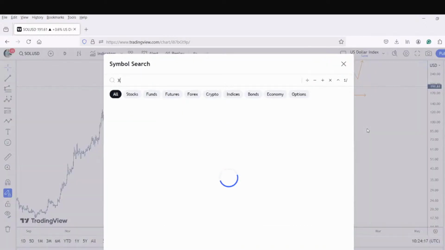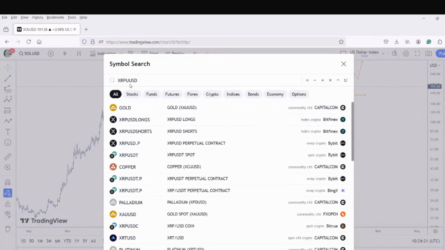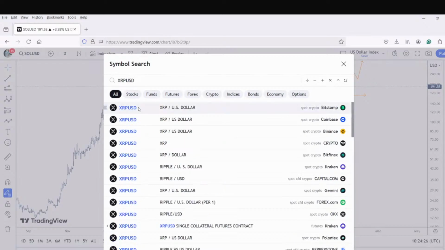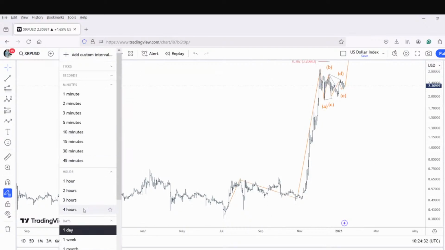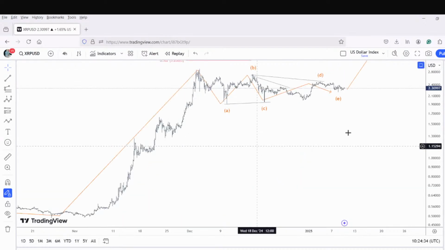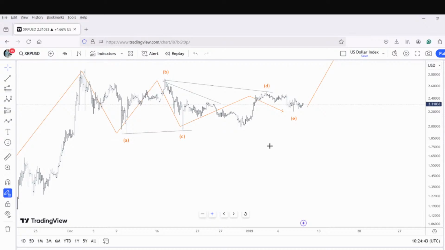And it'll be interesting to see what Ripple has done. It's a bit on the slower side, or a bit lagging right now, but I think we are still on the right track with wave E of the triangle. It has still terminated.